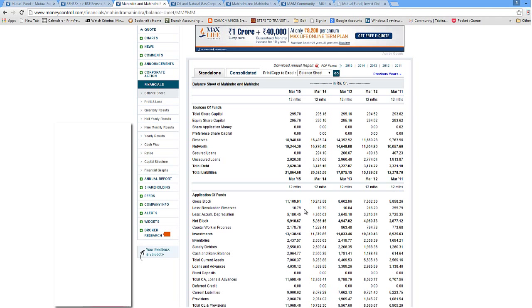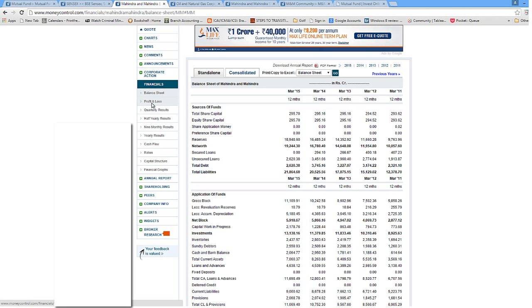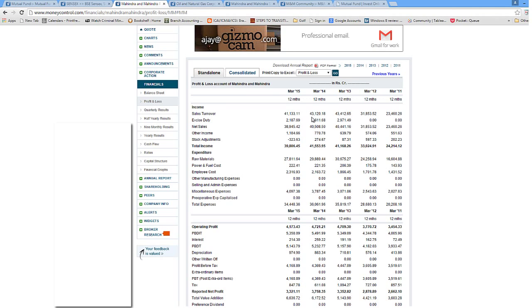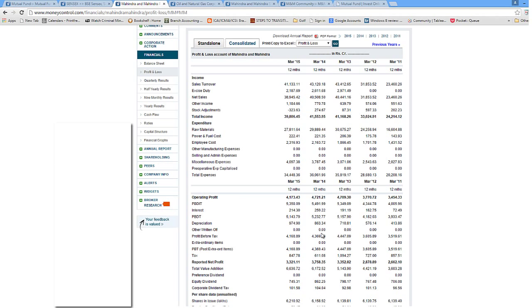So once you're happy with these couple of things, you move on to the profit and loss statement. Now in the profit and loss statement, you want to make sure that the sales turnover should be steadily rising. The operating profits should also be steadily rising, and the reported net profit here should also be rising over the last 4 to 5 years period, whatever you're comparing.